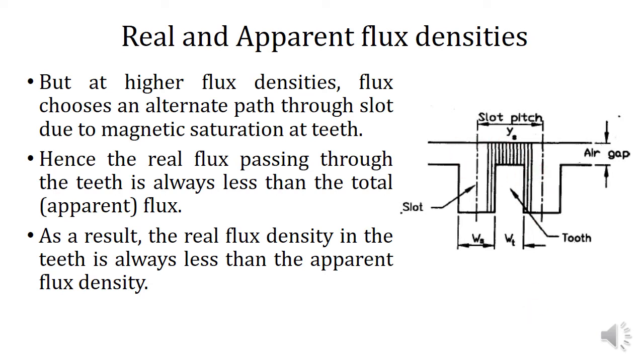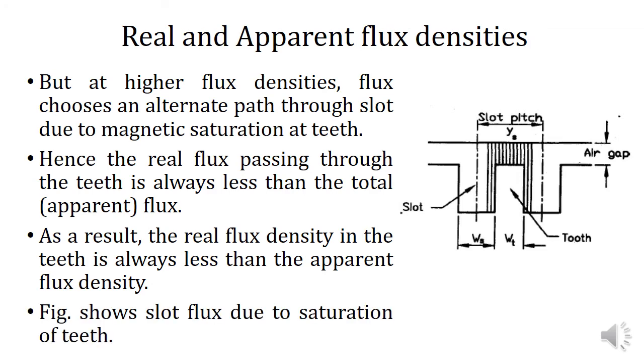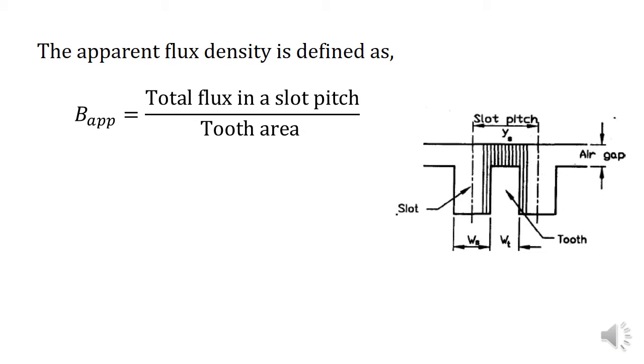Now let's define these terms, real flux density and apparent flux density. The apparent flux density, or the total flux density, is defined as the total flux in the slot pitch, that is the total flux entering the slot pitch, divided by the area of the tooth. Slot pitch is the sum of the width of the slot and the width of the tooth.